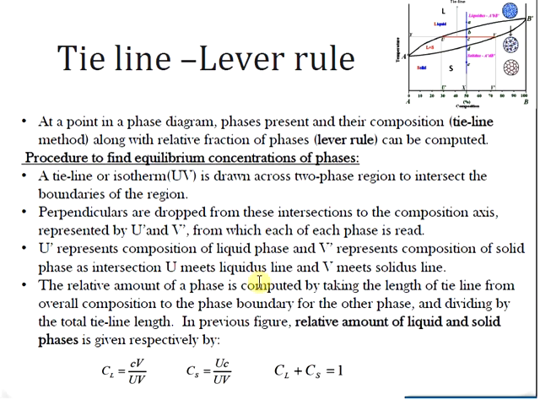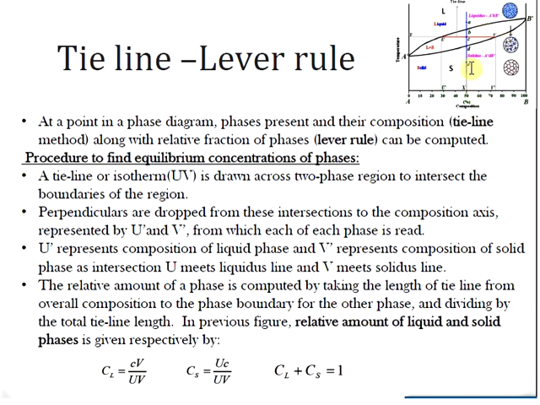In other words, the relative amount of a phase is computed by taking the length of the line from the overall composition to the phase boundary for the other phase and dividing by the total tie line length.